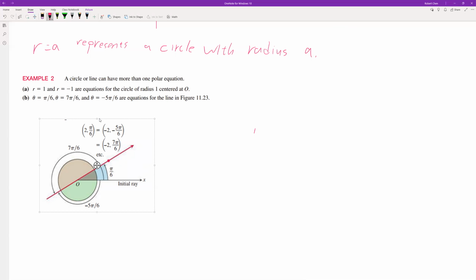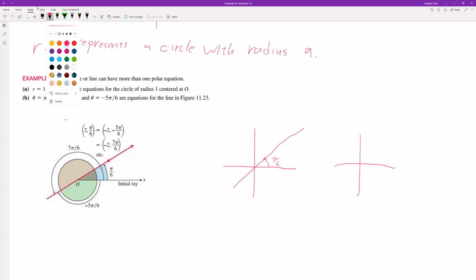So let's say you rotate by pi over 6, and then you draw a line that goes through the origin, you get that. Or you can rotate 7 pi over 6, which will get you here. And then since it doesn't specify the radius again, you can just draw a straight line that goes through the origin, and that gives you the same line, right?